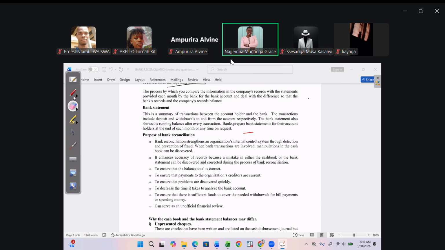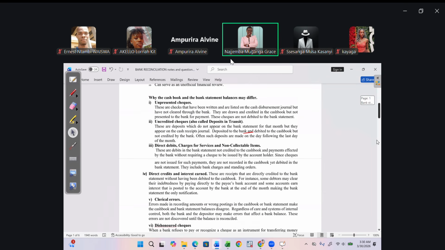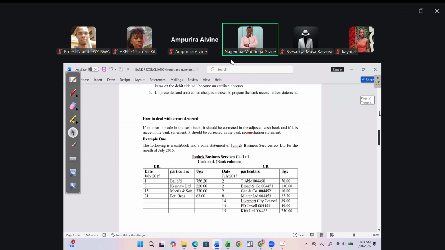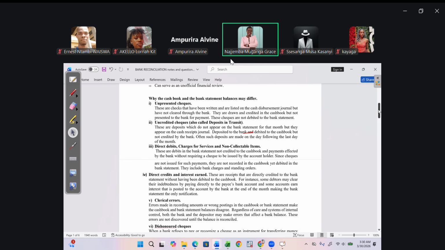So now we want to understand, and I need your maximum attention here. When you understand these reasons, then we can be able to prepare all these other reconciliation statements. Why does the cash book and the bank statement balance differ?